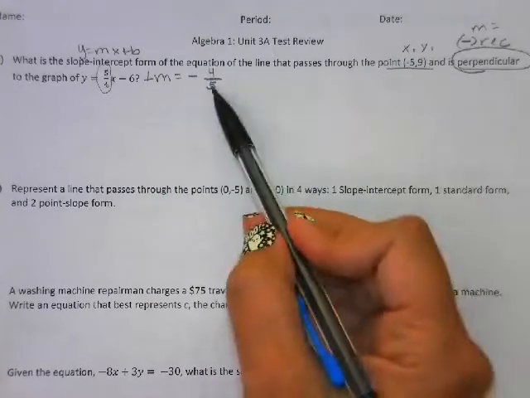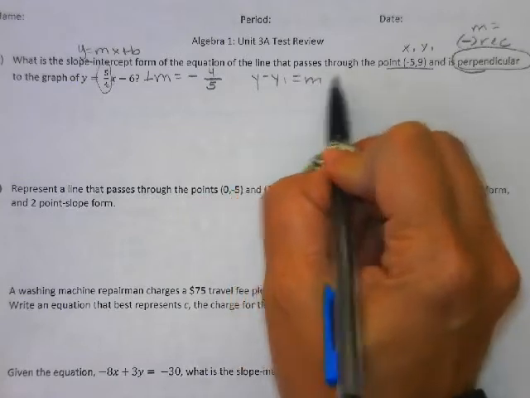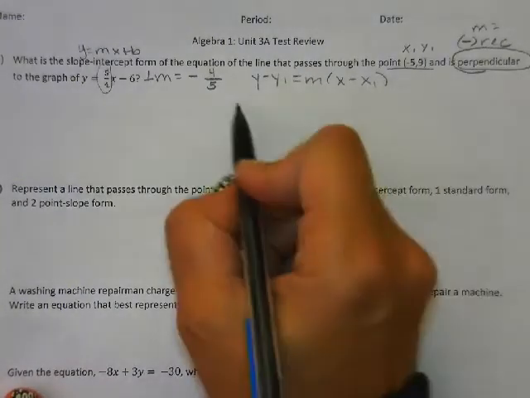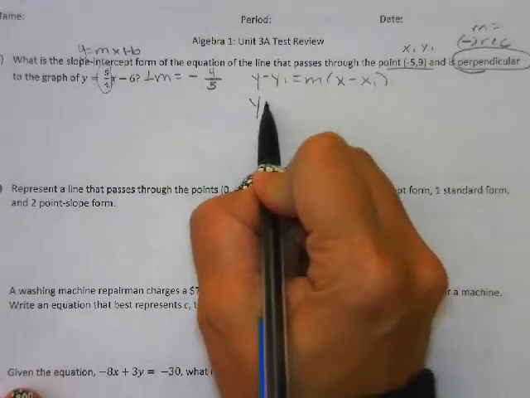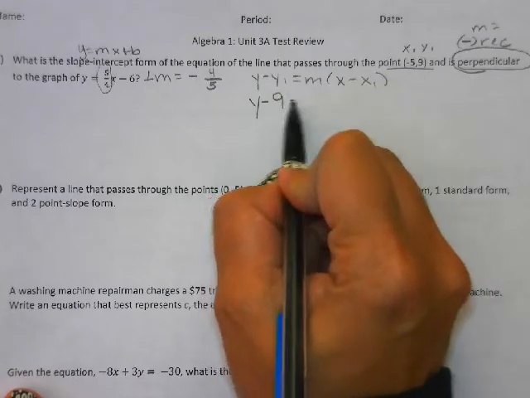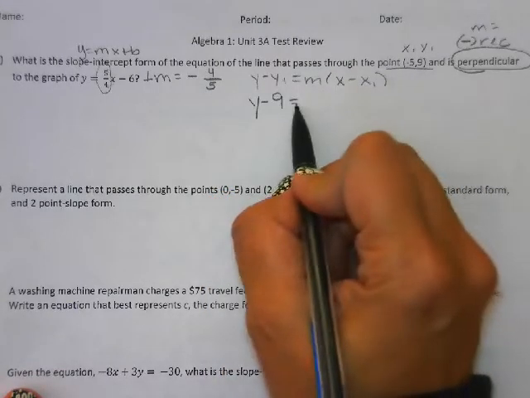Then I have a slope and a point, so I need to use point-slope form, which is, again, on your formula chart. So now we're just going to plug in what we know. Remember, this first y stays a y. y1 is 9. Some of you are still flip-flopping the x and the y when you use point-slope form, so be cautious there.